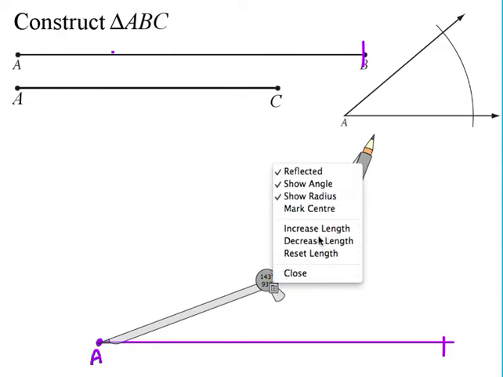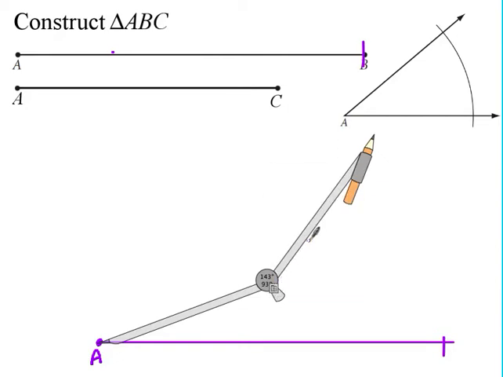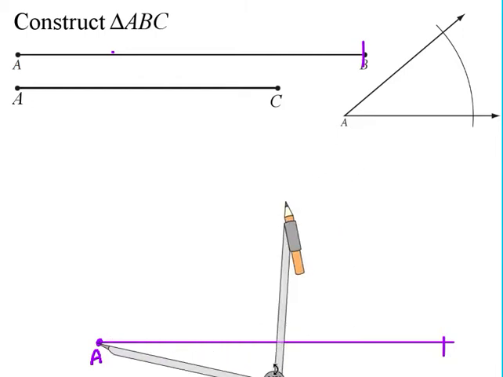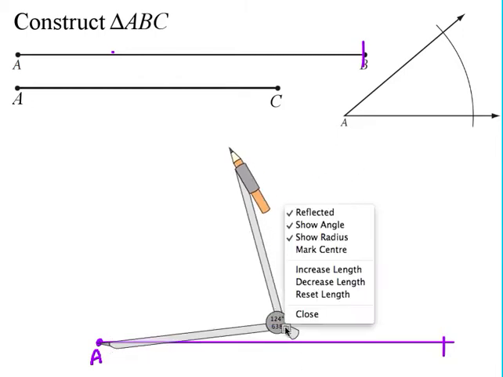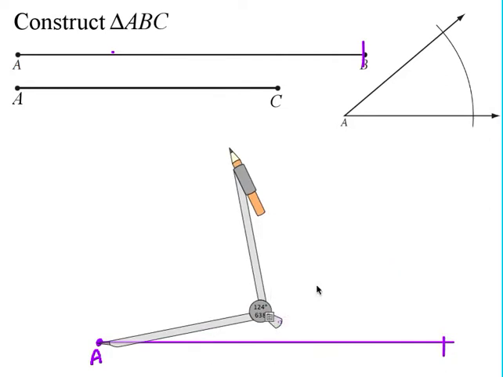Okay, so you already did AB. So now what do you think you're going to do next? Wrong. The angle. I would do the angle first. So do angle A first. I'll just reset the line. Now we're good.